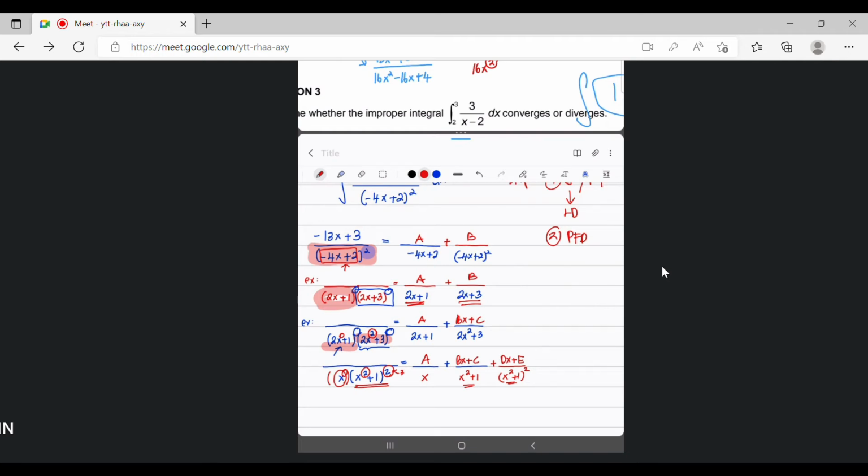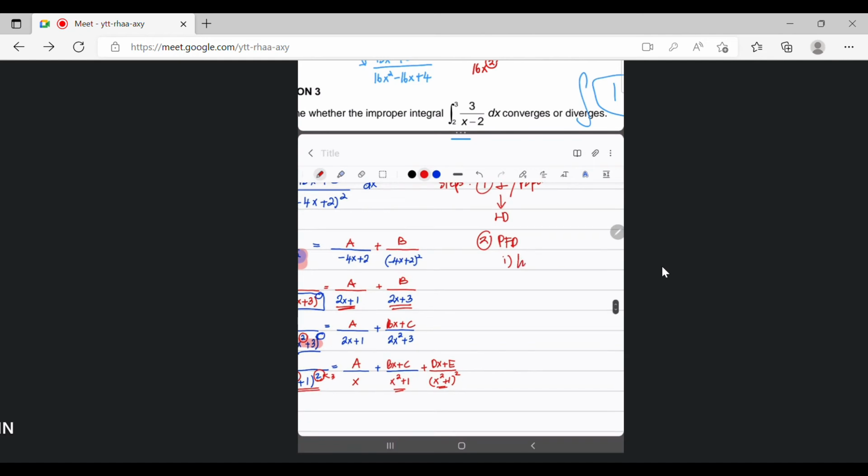Tengok kepada denominator. Okay, tiba-tiba lost pula perkataan tu. Kita tengok pada denominator. Kita tengok adakah dia repeated, adakah dia non-repeated. Okay, so bila kita nak set up PFD, tengok berapa banyak factor. Okay, first question: how many factors yang kita ada? How many factors will determine how many fraction that we need to start.